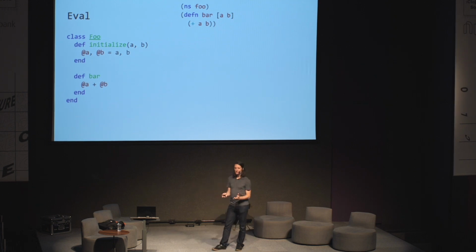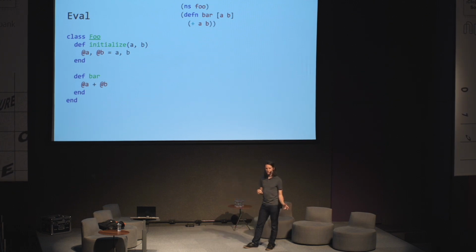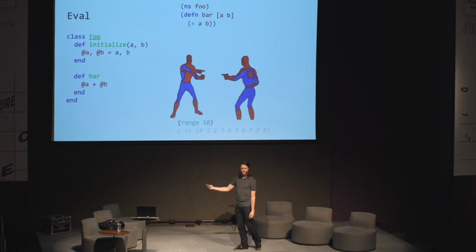You can enter the namespace and evaluate everything there as if you were in the file. So you can evaluate private vars, private functions, and so on. So you can test everything that you want. In the Ruby world, you can do it, but you have to rely on additional APIs that will probably not, again, go to production.